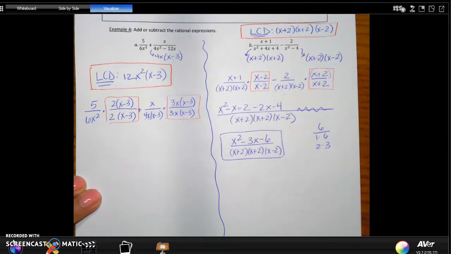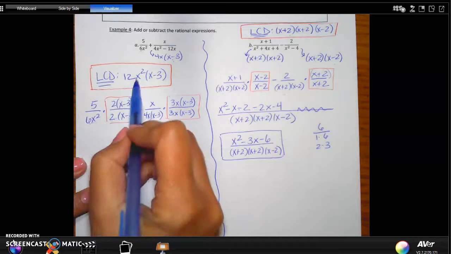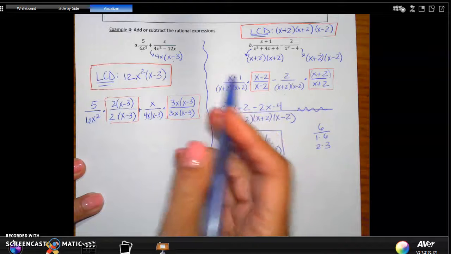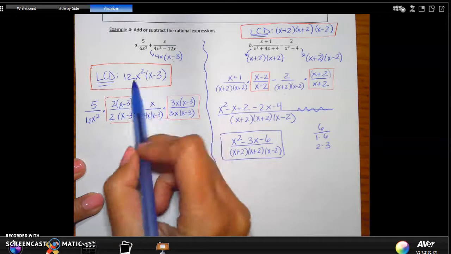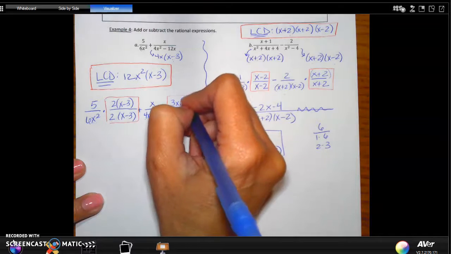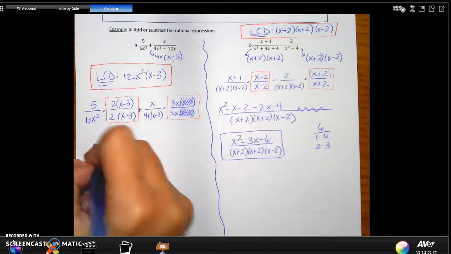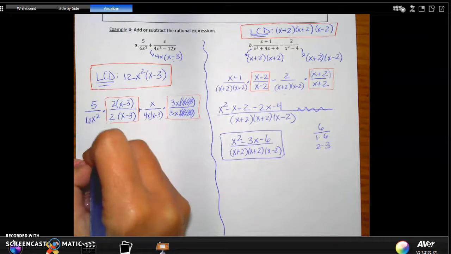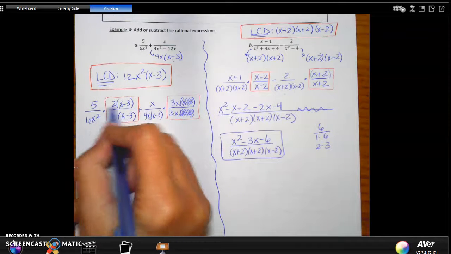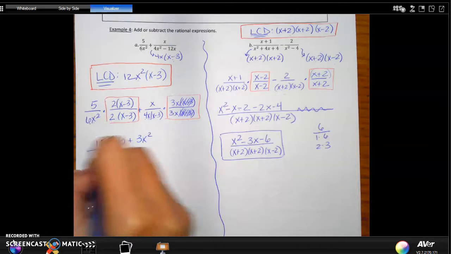Okay, when I multiply here, 6 times 2 is 12, x squared times 1 is x squared, 1 times x minus 3 is x minus 3, good shape there. 4x times 3x is 12x squared, and then, oh, we already have our x minus 3, sorry, we just need the 3x, my mistake. Okay, so let's multiply. This is 5 times 2 is 10 times x minus 3, so 10x minus 30 plus 3x squared all over.